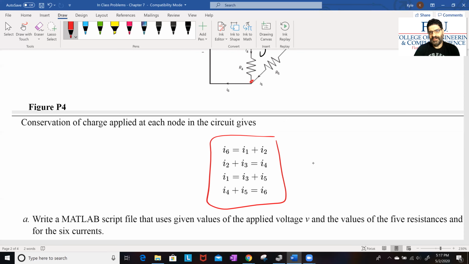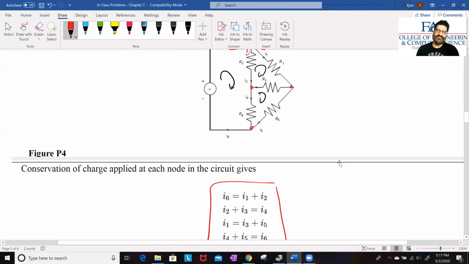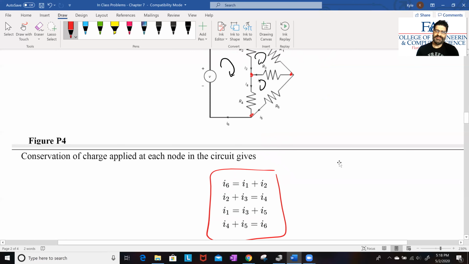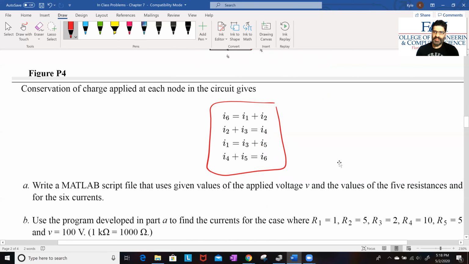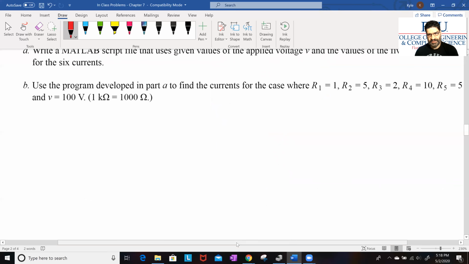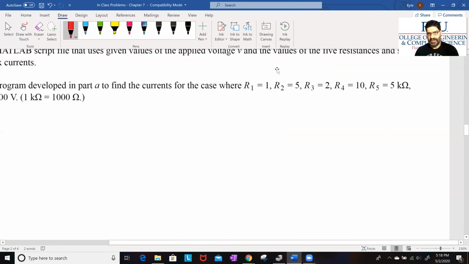Now, just to look at this, these are 4 equations plus 3 equations in there, but we have to be careful because these equations, if we're going to put all of these in, again, these are the values: R1, R2, R3, R4, and R5.